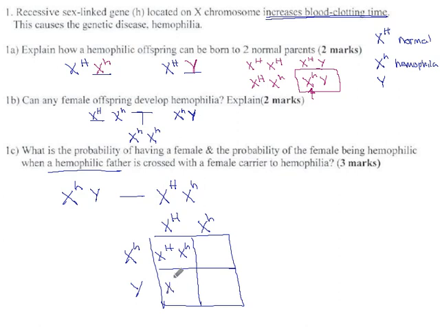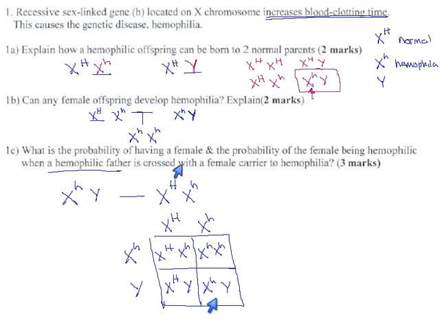Here we have X big H Y. This is a son because of the XY, and he's fine. We can have, this is the unlucky daughter with hemophilia, and we could have X little h Y. So this is a son with hemophilia.